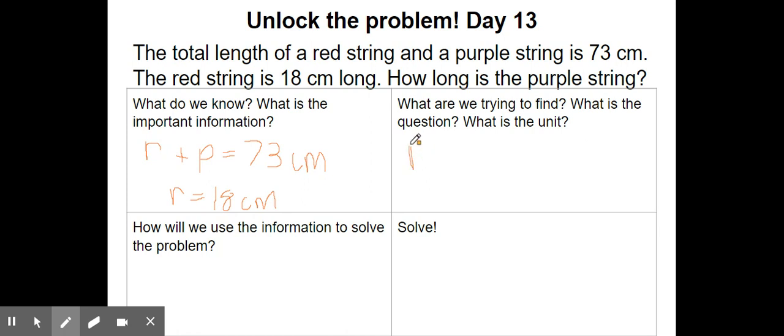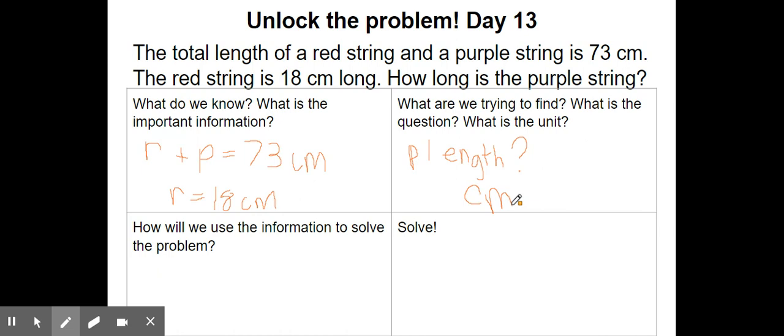So I'm going to write a P for purple, and I'm going to write purple length, and put a question mark because that's what we are trying to find out. And we know our unit is centimeters. We just talked about that.